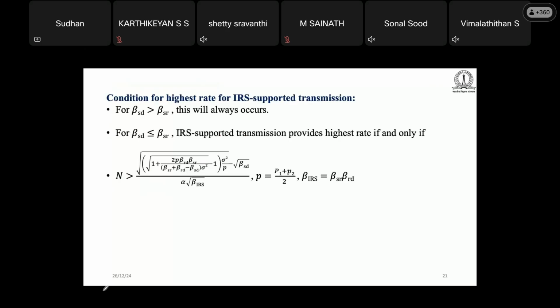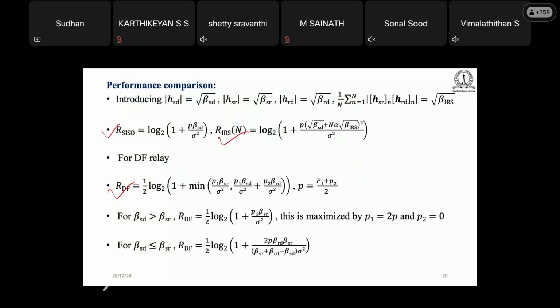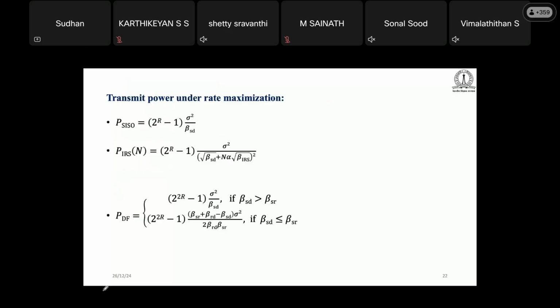this is what we can get. I'm just skipping this. You can go through it; I've taken it from a journal, and you can get it from there.